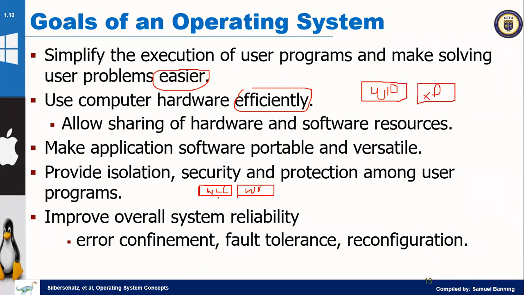The operating system will make VLC feel that it is the only application using the processor or the CPU. It will also make the Word document feel that it is the only application using the CPU. So even though there are multiple applications running on your computer, the operating system ensures that there is isolation. There is no conflict between these two applications.